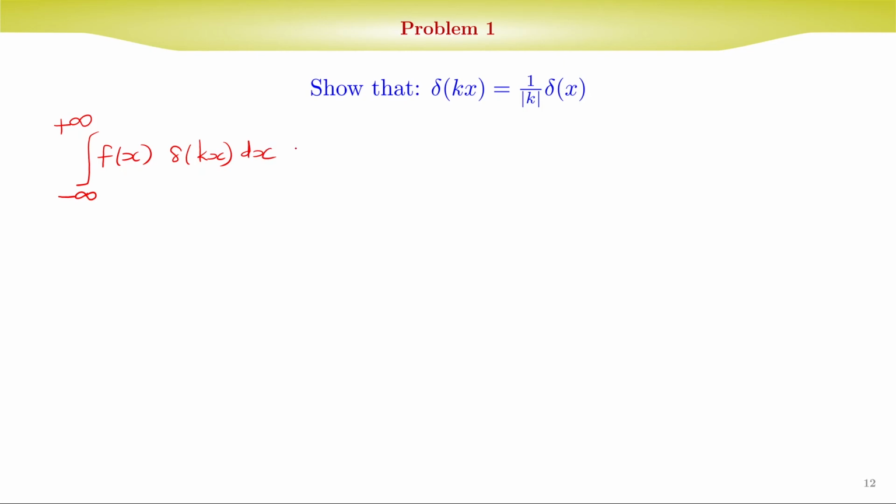To calculate this integral, what we first do is to change the variable and substitute y equal to kx. And this gives x equal to y over k and dx equal to dy over k.